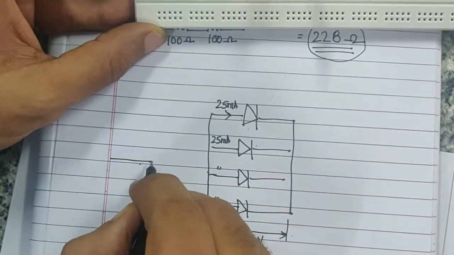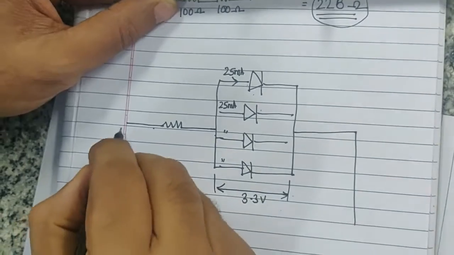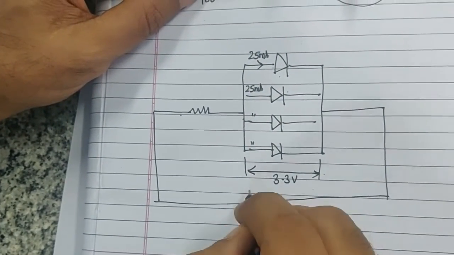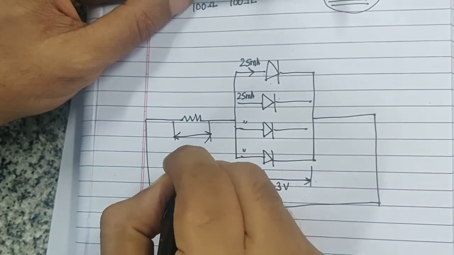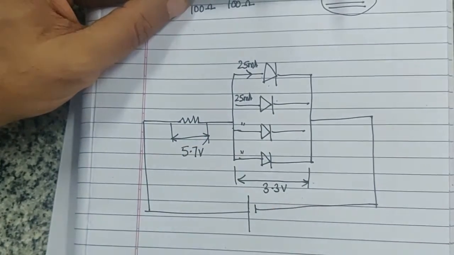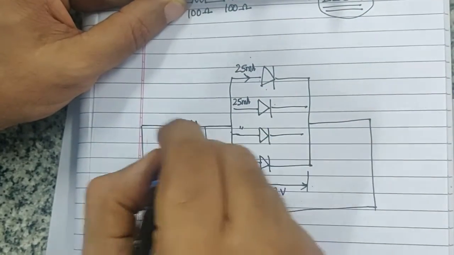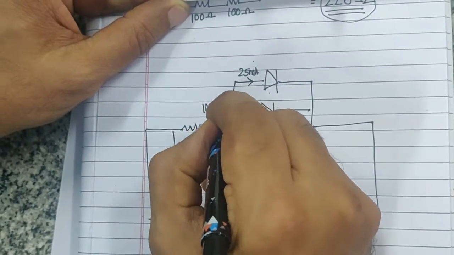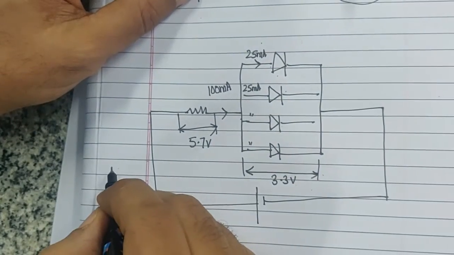You have to find the resistance that will give a drop of 5.7 volts. These 25 milliamps each will add up to about 100 milliamps, since all the current adds up.